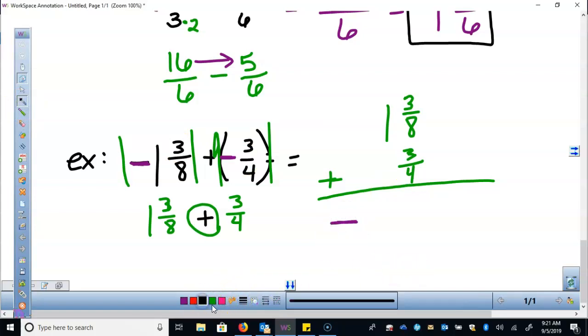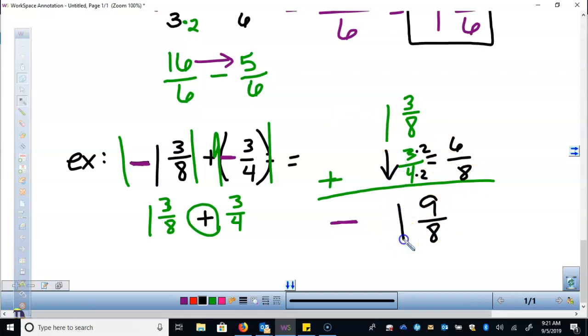Now we can do our math problem using our rules of how to add mixed numbers. Find that common denominator. We're going to change this so that the denominator is 8. We have 3/8 plus 6/8. That's 9/8. And then 1 plus 0 is 1. Now we can deal with this. This is what we call an improper fraction, so we realize that there is more than 1 here.